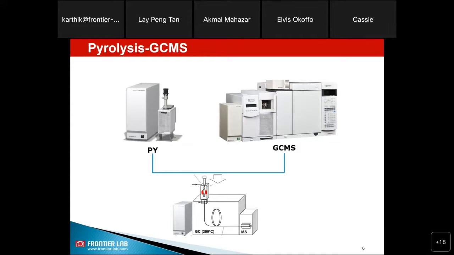So in this context, the pyrolyzer is one kind of sample introduction tool that expands the capability of GCMS for direct sample analysis.